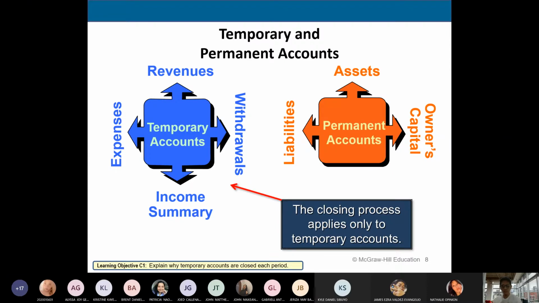Okay? After mo ma-identify, you should record and post closing entries. Naituro ko na sa inyo, tama ba? Kung paano mag-close ng expenses, paano mag-close ng revenues, and as well as paano mag-close ng withdrawals. And after mo ma-close lahat ng mga temporary or nominal accounts, you can now proceed with the preparation of post-closing trial balance.